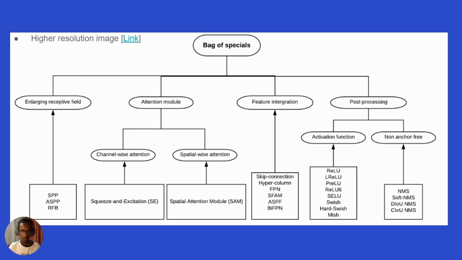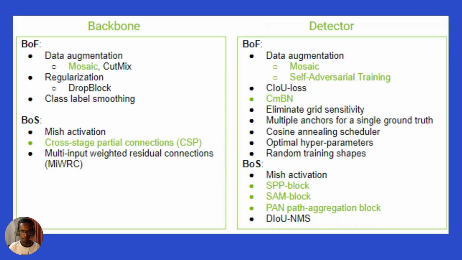And on the neck part of the network, the FPN, PAN, and other feature aggregation networks were introduced and tried. And during the post-processing stage, they tried a lot of activation functions and non-maximum suppression.